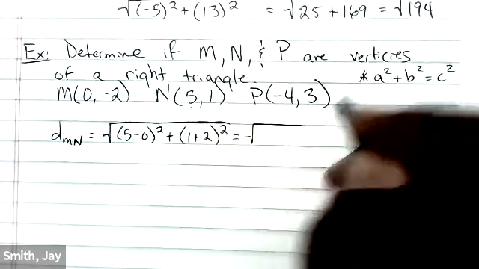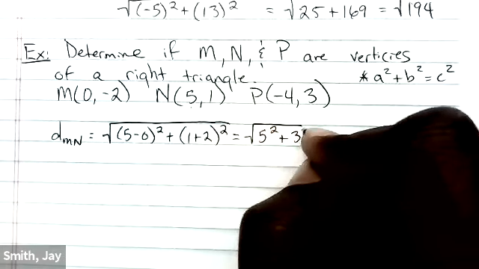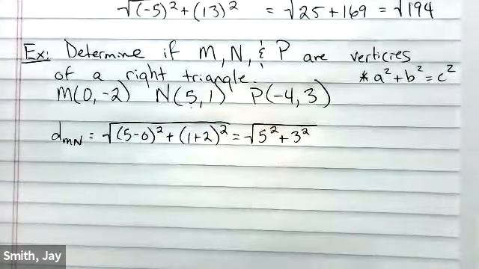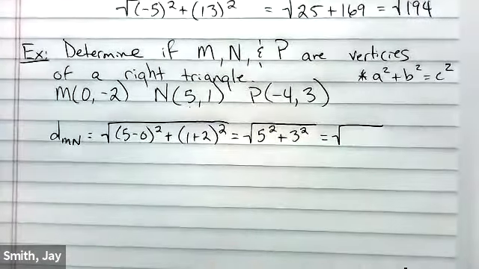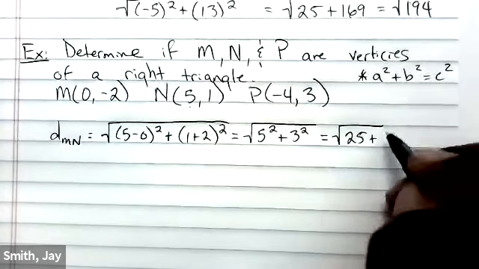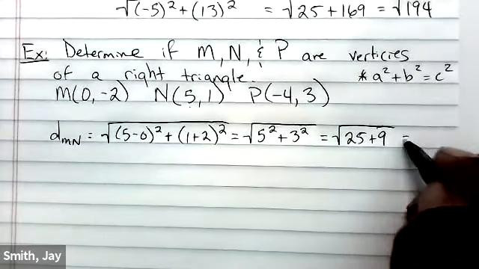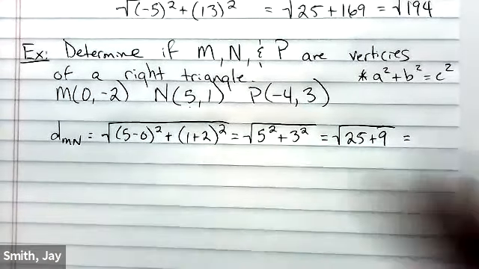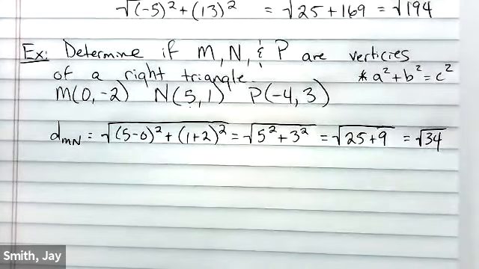So this is really the square root of 5 squared plus 3 squared. We know 5 squared is 25. 3 squared is 9. So the distance between m and n will be the square root of 34, which is 25 plus 9.